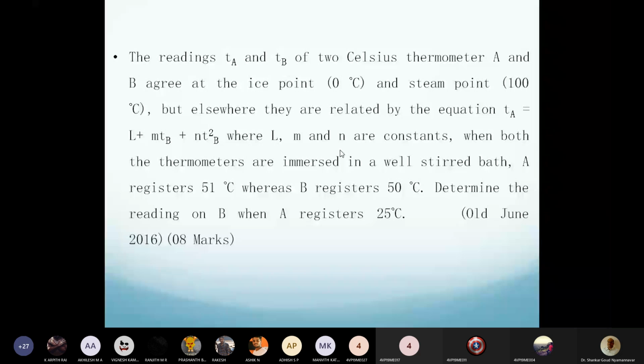Can you solve these two equations? Are you trying it? Are you following me? Alvin, Prashant, are you doing it?